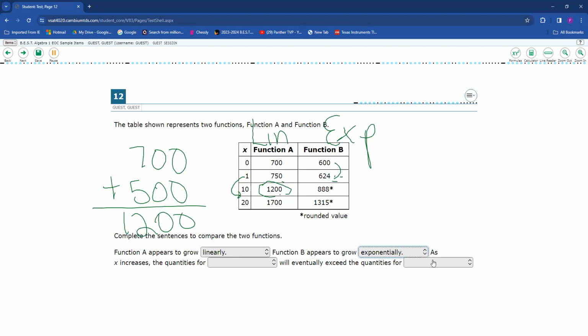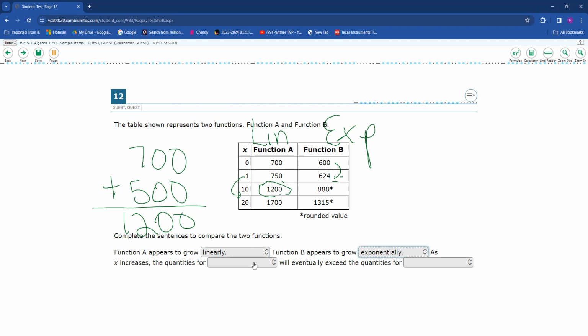The only number that can exceed the next number is 1315, because right now it's under 1700. If it's going to exceed later, it has to be 1315, and eventually you catch up with and exceed 1700.